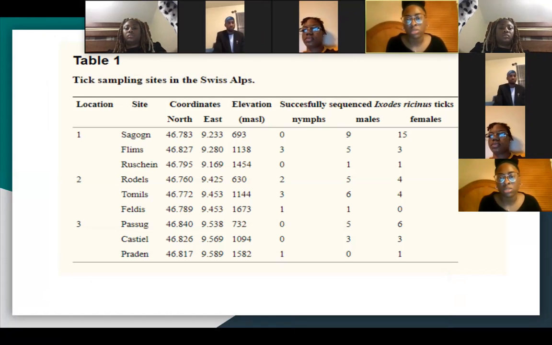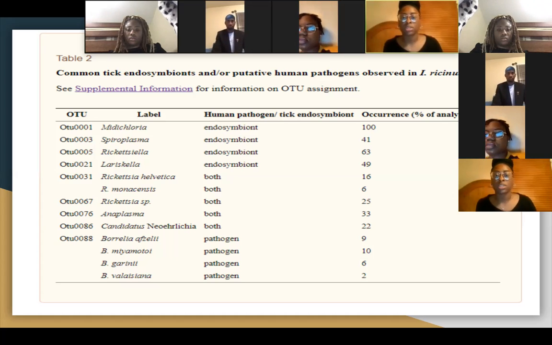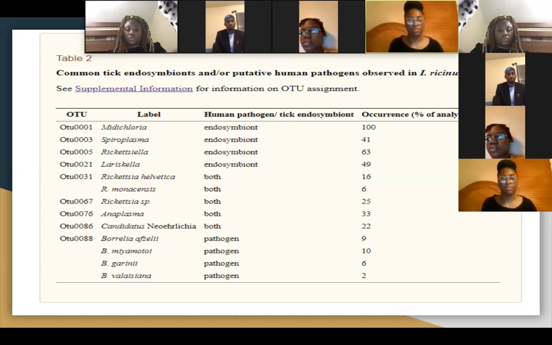Females were the most successfully sequenced. Next slide. And this table just shows the classification of OTUs based on the literature search for each taxonomic label, labeling it either pathogenic or endosymbiotic. Next slide.